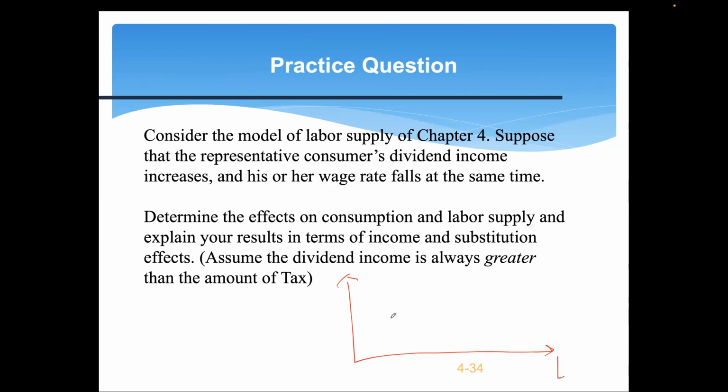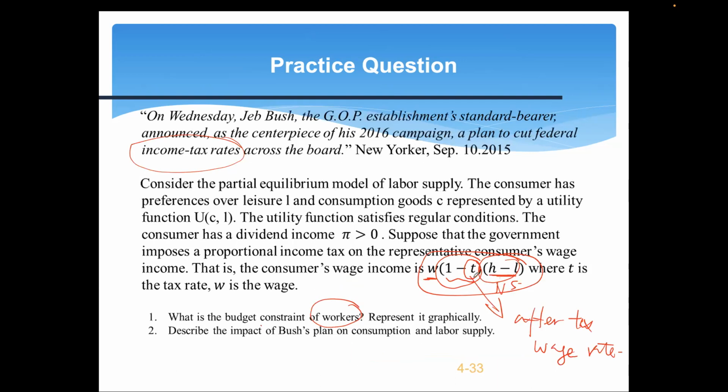So this L, this is C. Okay, so originally you have your budget constraint. Right. Now let's go back to the previous one. 1 minus T times W. That is the real wage the consumer cares about.